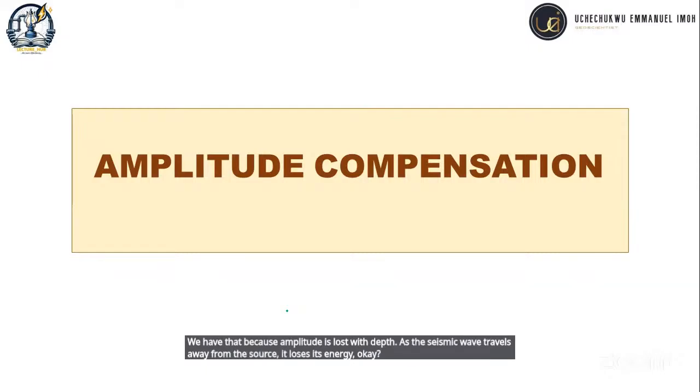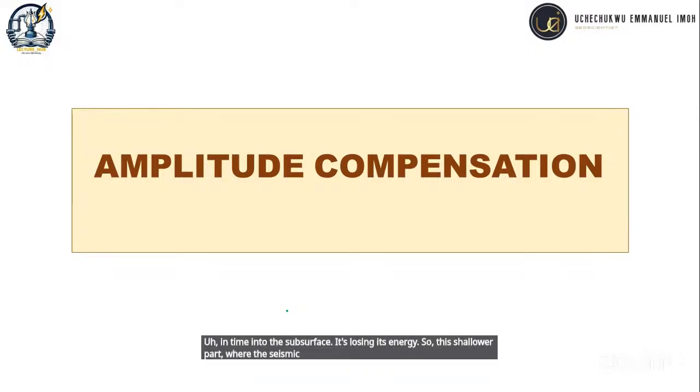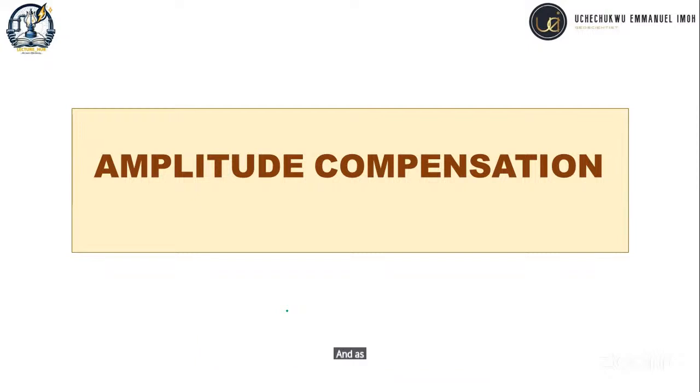As the wave travels from the source on the surface down into the subsurface, it is losing energy. So in the shallower part, where the seismic wave is very strong, amplitude will be high, and as it travels deeper, the amplitude will be low. So what do we now do? After you finish attenuating noise in your data, you have to compensate for lost amplitude.